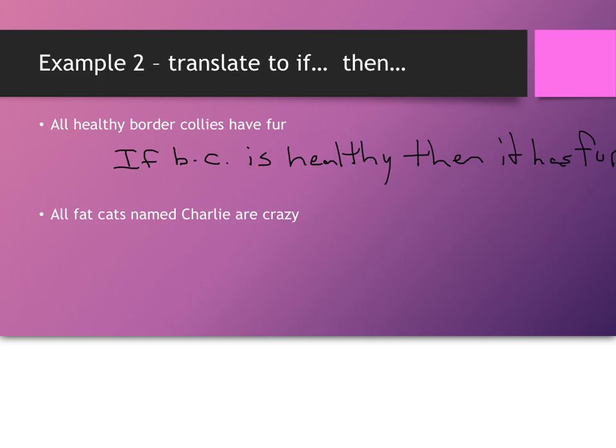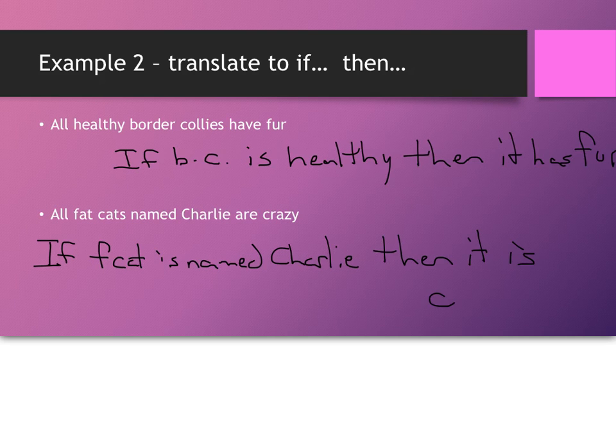All right. So in the second statement, if the fat cat is named Charlie, then it is crazy. Oops. Ugh. Didn't draw that very well. And that should make sense.